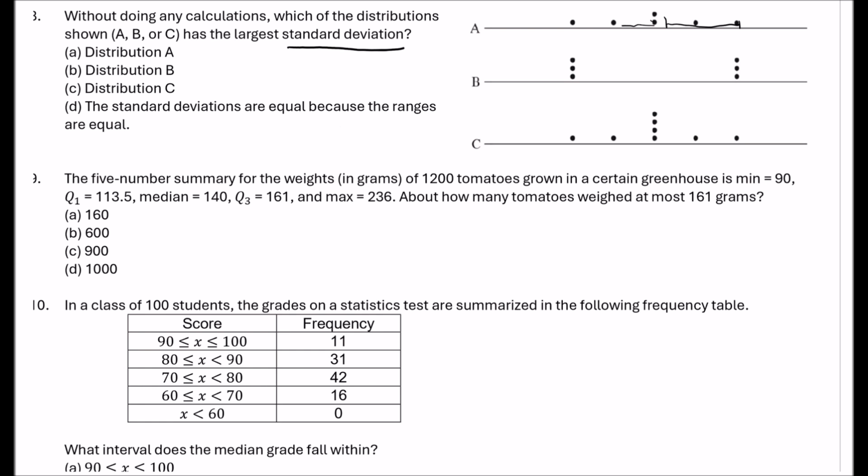With some spread here and here. So that looks pretty spread out. Now this one's less spread out because it's more clumpy, right? And less spread makes it clumpy and makes it have a smaller standard deviation, okay? If it's flatter, or spread out, then it has a larger standard deviation.